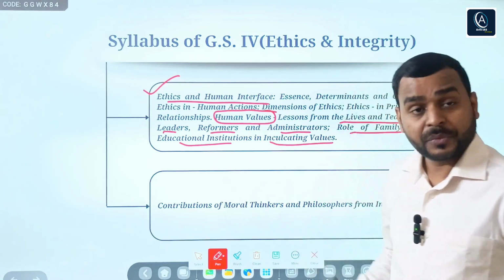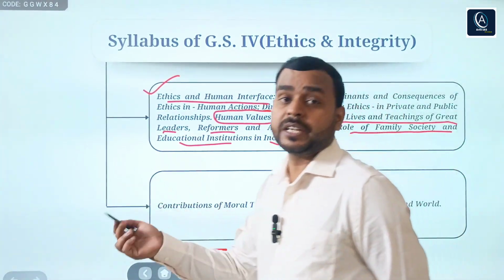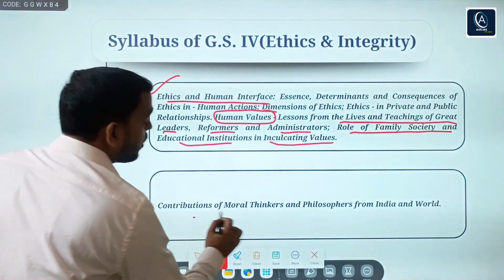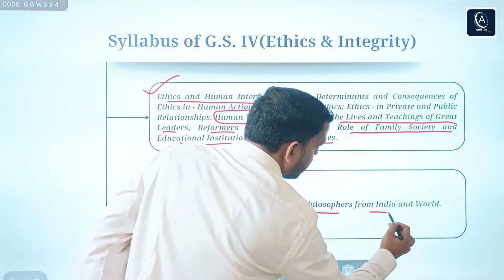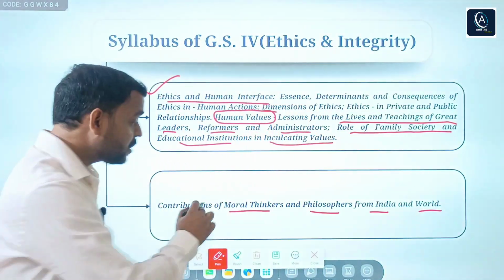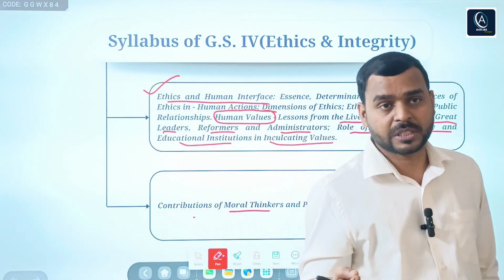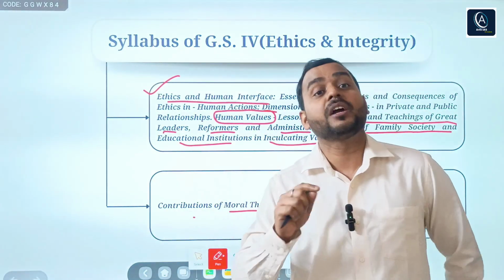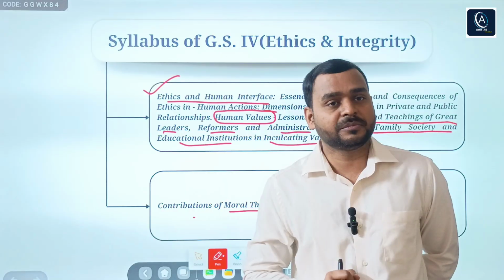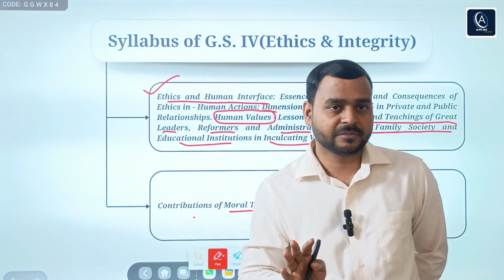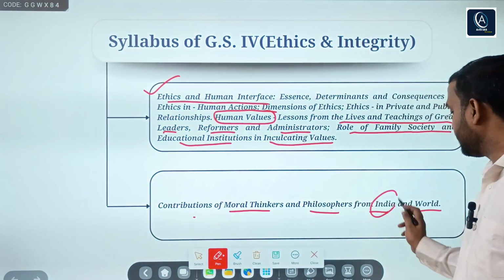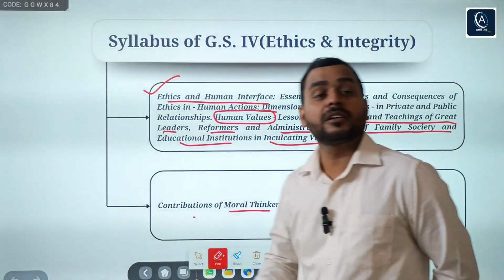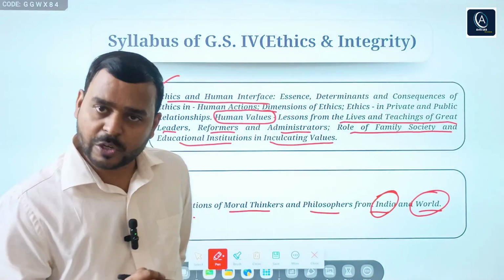And the second topic that you should integrate is contribution of moral thinkers and philosophers from India and the world. Here you will study moral thinkers and philosophers from Socrates, Plato, Gautam Buddha to Dr. Abdul Kalam, Mahatma Gandhi, etc. It includes both Indian as well as global moral thinkers and philosophers.